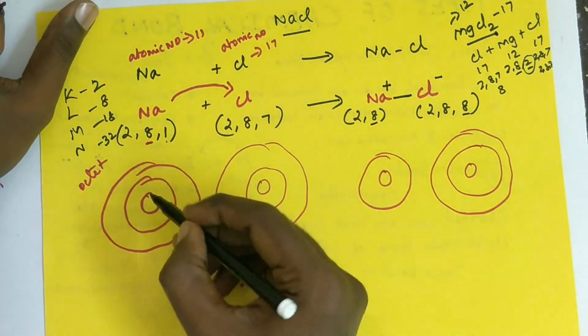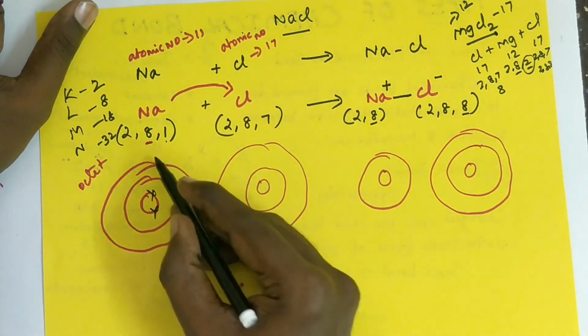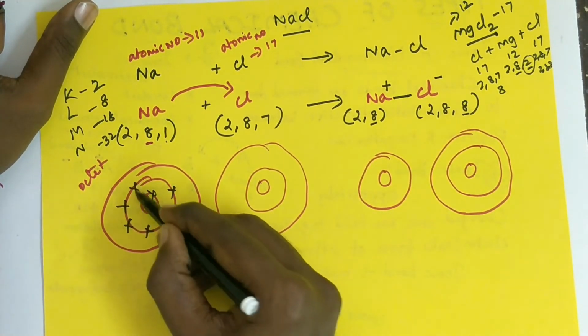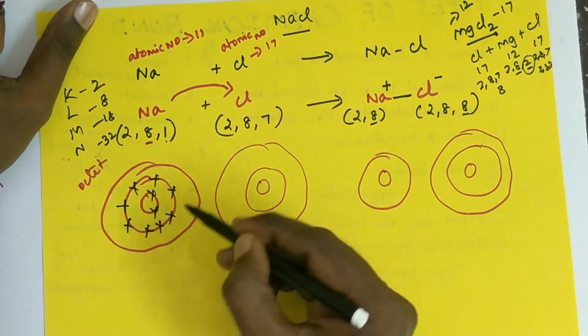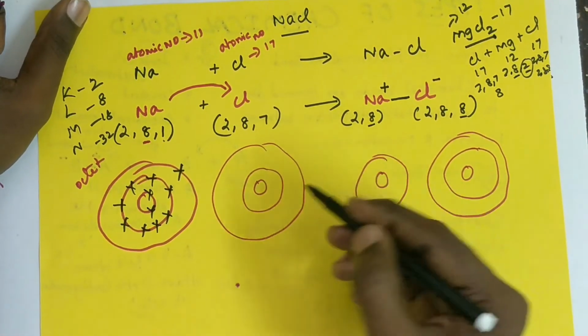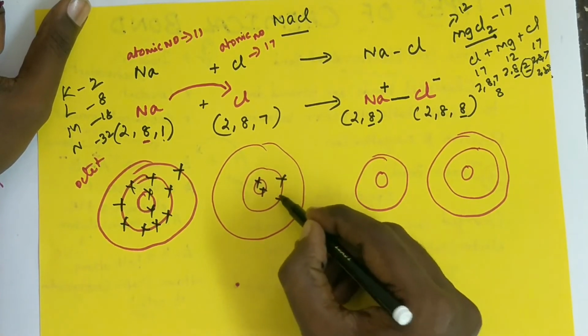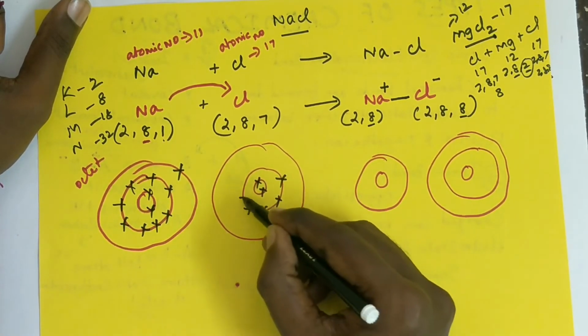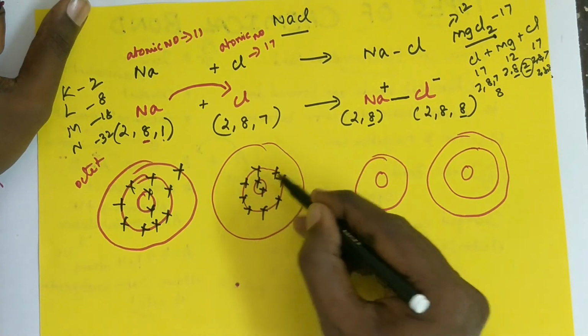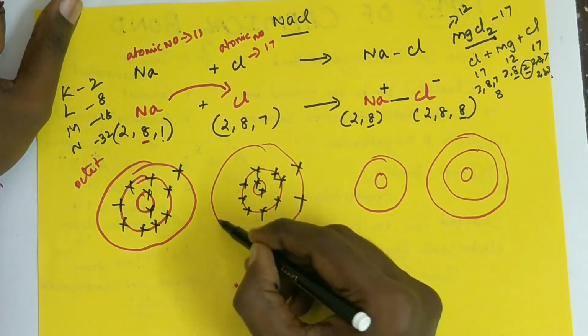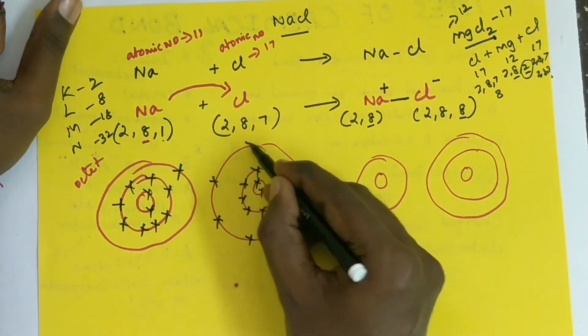K shell contains 2 electrons, L shell 8: 1, 2, 3, 4, 5, 6, 7, 8, and M shell is 1. Same way for chlorine, K shell 2, L shell 8, M shell 7: 1, 2, 3, 4, 5, 6, 7.